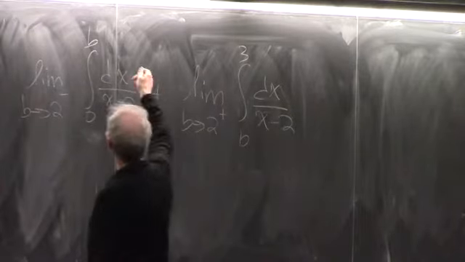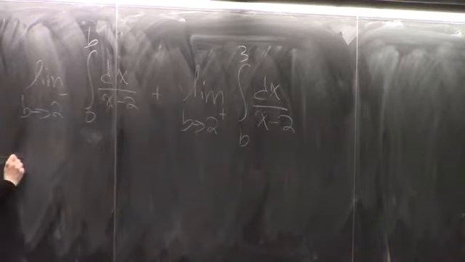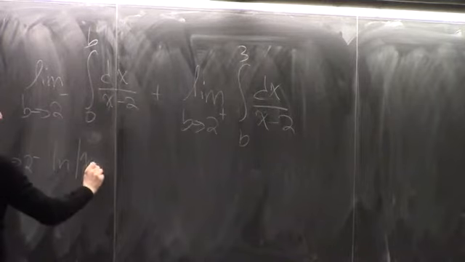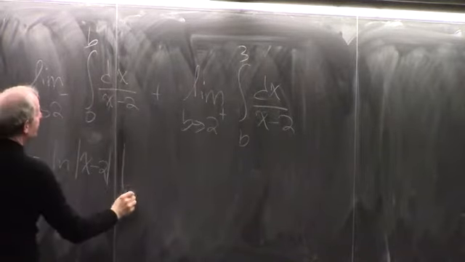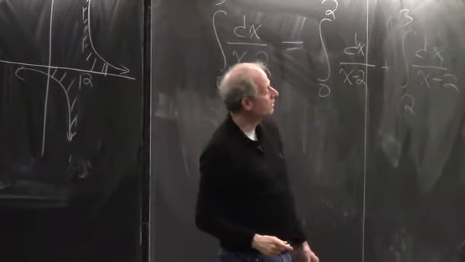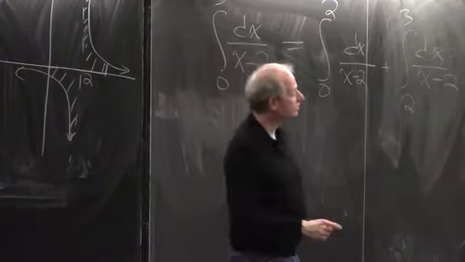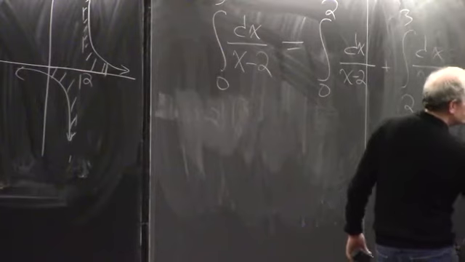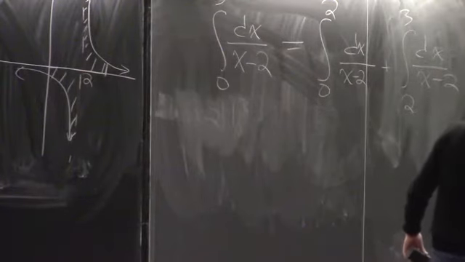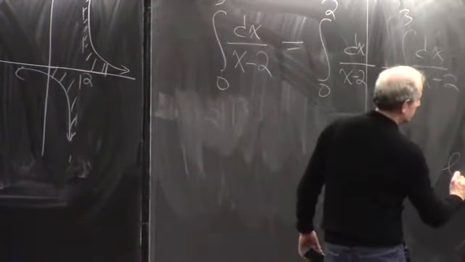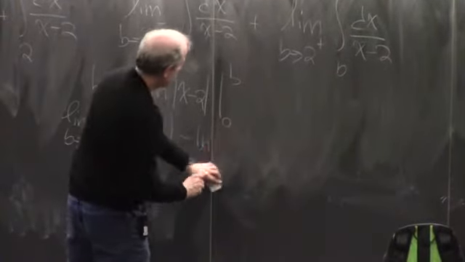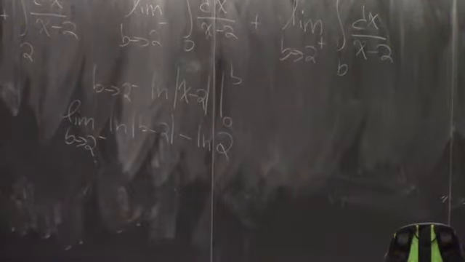Alright, so the integral of dx over x minus 2 is just the natural log of the absolute value of x minus 2, evaluated from 0 to b. And I'll do the other one in a second. So you plug in b and you plug in 0, and you're going to get ln of the absolute value of b minus 2, minus ln of 2, because the absolute value of negative 2 is 2.